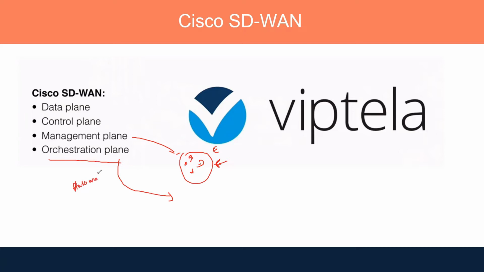So any kind of automation you want to do, you can do via this orchestration plane. It's the automation or API kind of stuff we can use here. API, what is API? That's application programming interface, the full form of API.